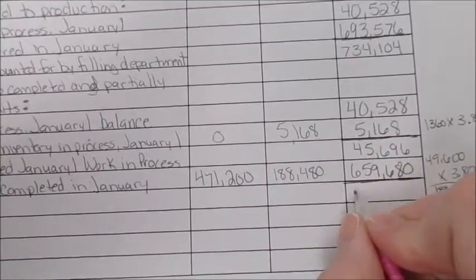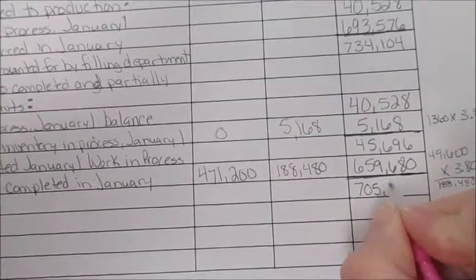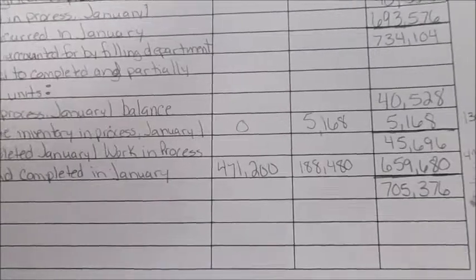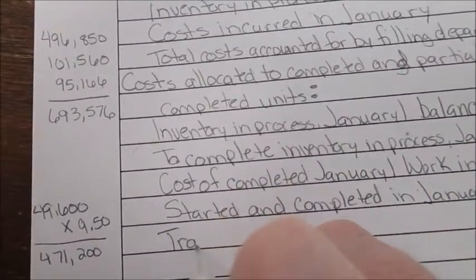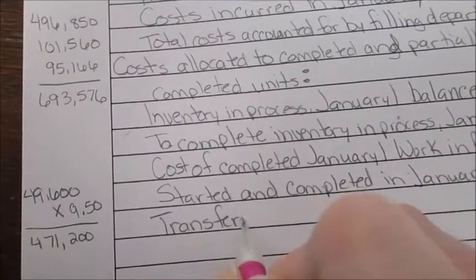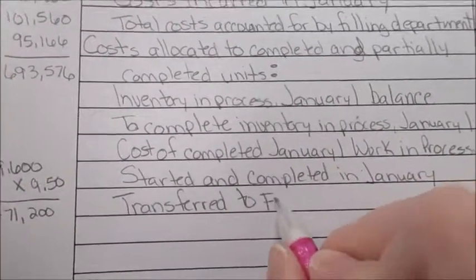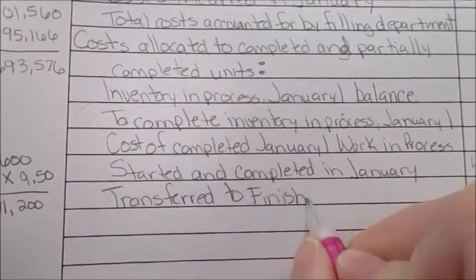Add these two together, and we get $705,376. And this tells us how much was transferred to finished goods in January.